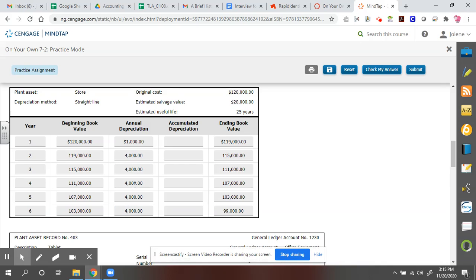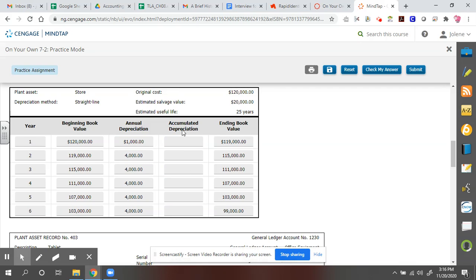The first year, however, they only used it October, November, December. They only used it 3 of 12 months. So 3 divided by 12 gives you 25%. So you could only charge 25% of your depreciation in that first year. So 4,000 times 25% is 1,000.